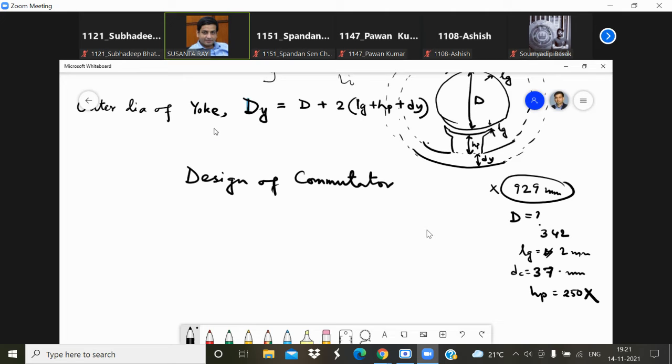Those who have around 200 to 220 kilowatt machine, they might have the pole height of around 100 or 110.